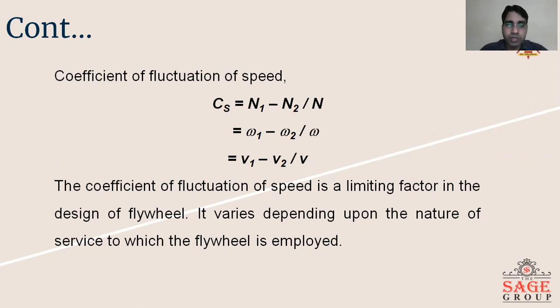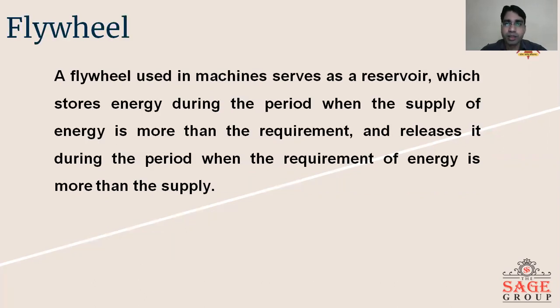The coefficient of fluctuation of speed is a limiting factor in the design of a flywheel. It varies depending upon the nature of service to which the flywheel is employed. Now the last term is the flywheel. What is the function of a flywheel?